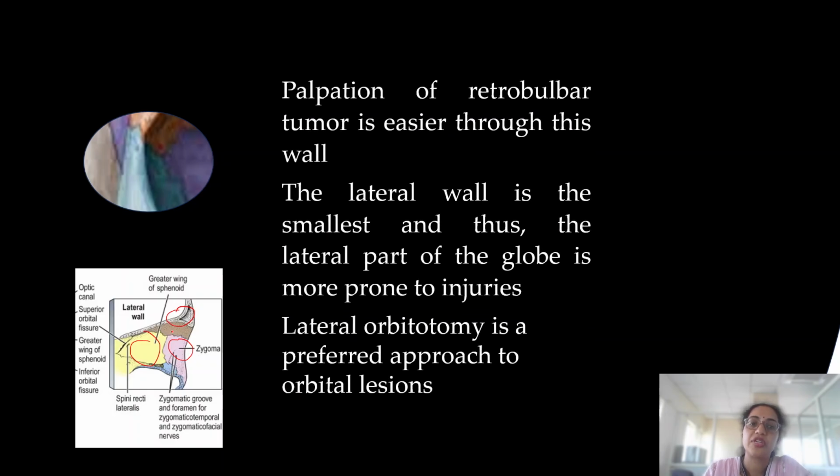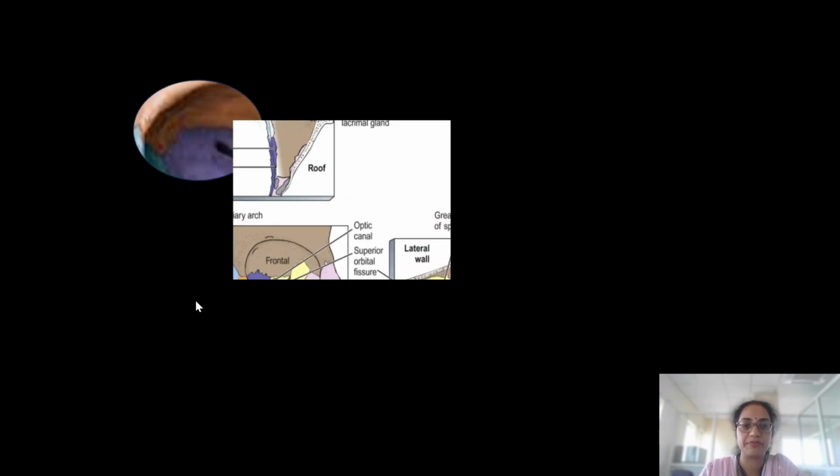The palpation of retrobulbar tumors is easier through this wall because this wall is not very wide. It stops short compared to other walls. This is the reason why the lateral portion of the globe is more susceptible to injuries. Lateral orbitotomy is a common approach in orbital lesions.